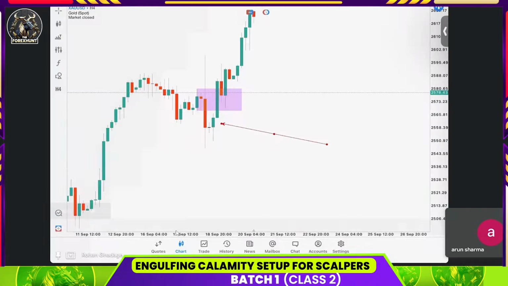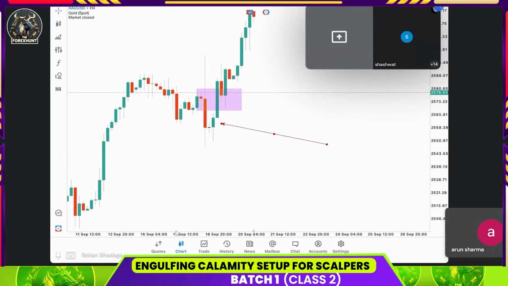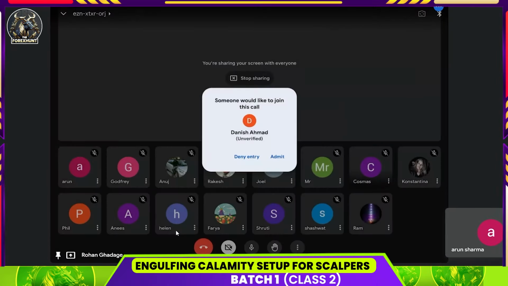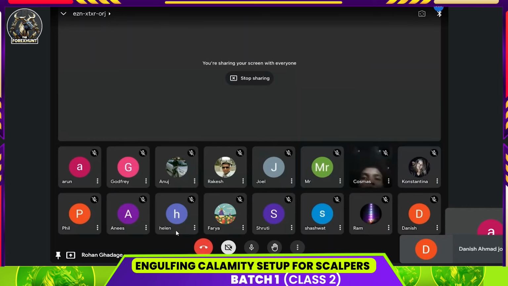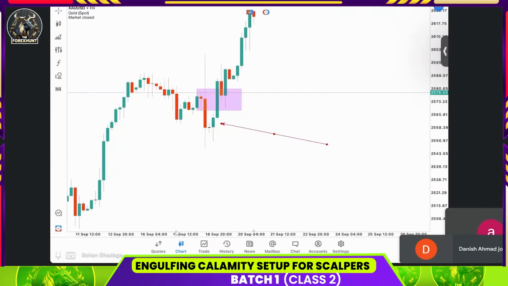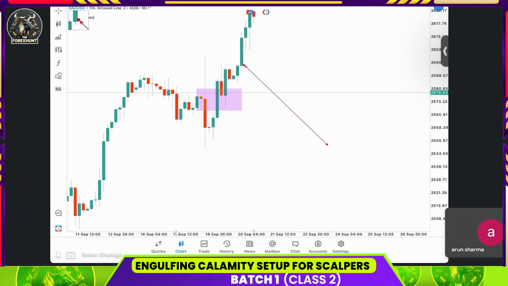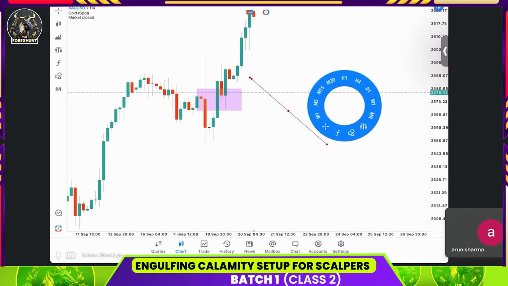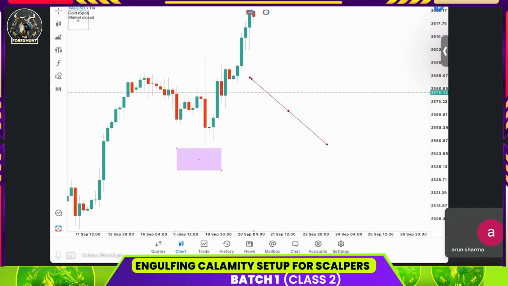So now we have a sell fail, market coming to your area, and then we can take the buy. So how to take the buy? That is the most important thing. The next thing you have to look for is engulfing buy, simple engulfing buy.